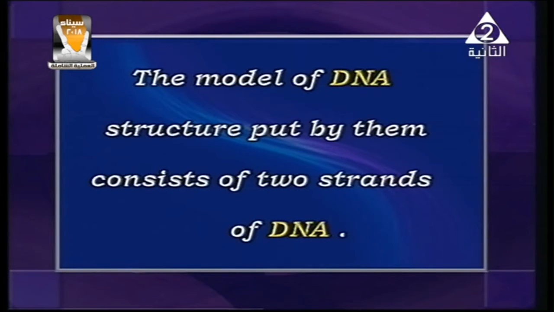The model of DNA structure put forward by Watson and Crick consists of two strands of DNA. So we have here a complementary of the information from the efforts of the scientists. Starting with the evidence of which material carries the genetic information, protein or DNA, this debate, and after that, we got the clear-cut evidence that DNA is the carrier, the bearer, of the genetic material.